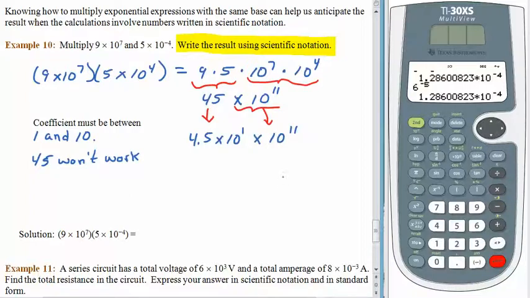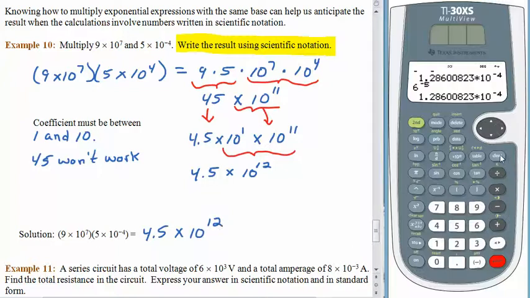And again, you know what to do because you know how to deal with the product of two exponential expressions that have the same base. 4.5 can stay, 10 to the 1st multiplied by 10 to the 11th. The base will be 10, and we need to add the exponents, which gives us 10 to the 12th. So there we go, 4.5 times 10 to the 12th.